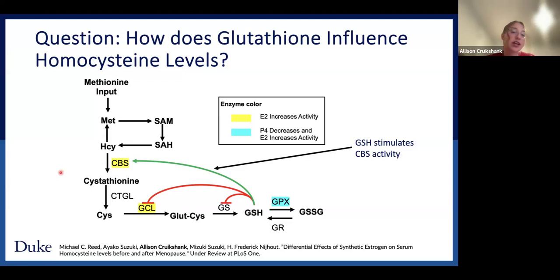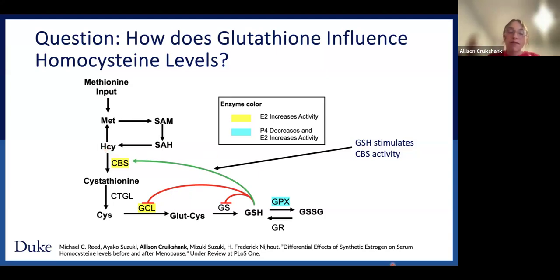So if glutathione increases, there'll be more stimulation on CBS, meaning a greater activity of CBS, meaning that homocysteine is going to have to decrease in order to balance the flux into and out of homocysteine. Then when glutathione decreases, there's going to be less stimulation on CBS, so homocysteine is going to have to increase for the flux in to equal the flux out at steady state.